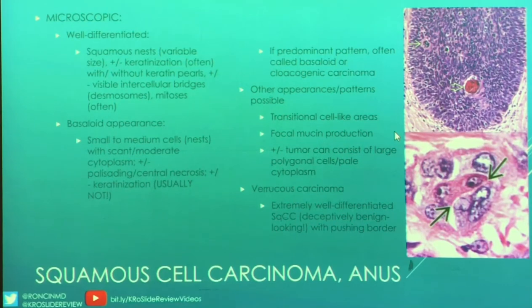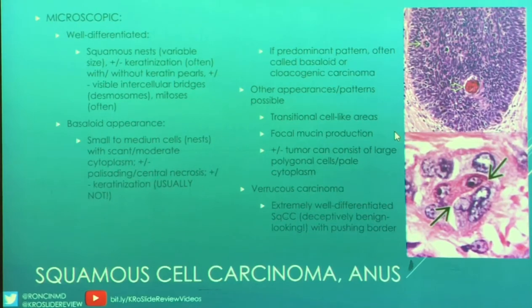That's how, in some other areas, we would define basaloid, but you can have cases where there is some focal keratinization. So don't be worried too much if you're seeing that with the overall pattern being basaloid. If it's just a small area of basaloid differentiation, then you can probably just comment on that.